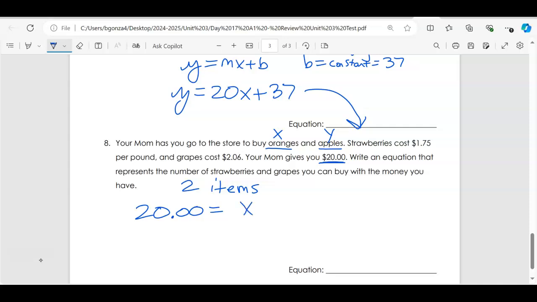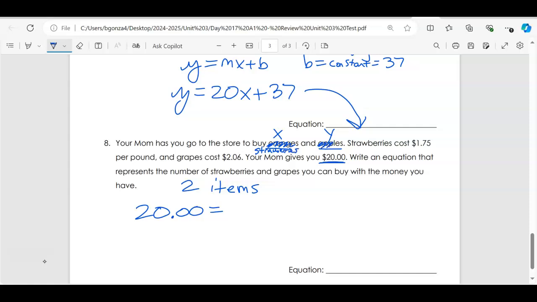Now, leave some space here, because it's not just x and y. You have to put their values next to it. What is the value of x oranges? All right, so this is supposed to be strawberries, a typo here.